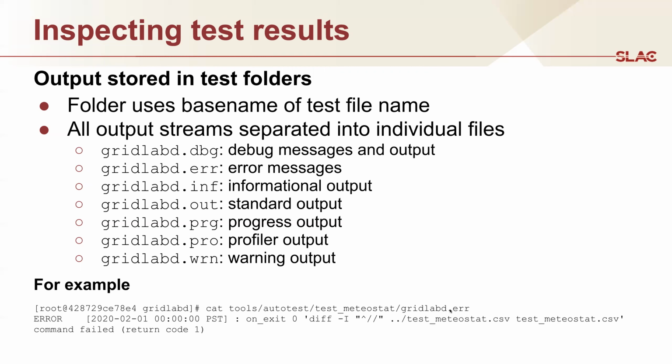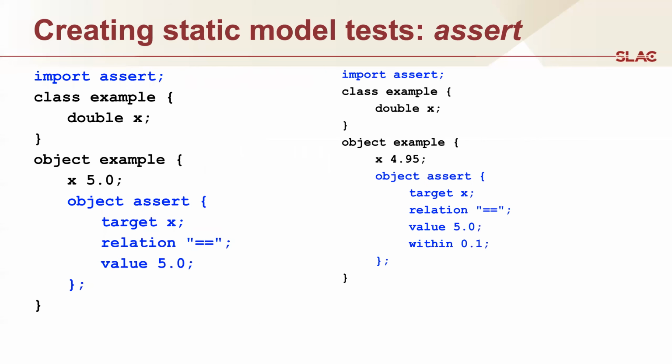That's considered a test failure for this class of test. This is typical of a time series output where we anticipate a certain series of values and of course we get a different one.